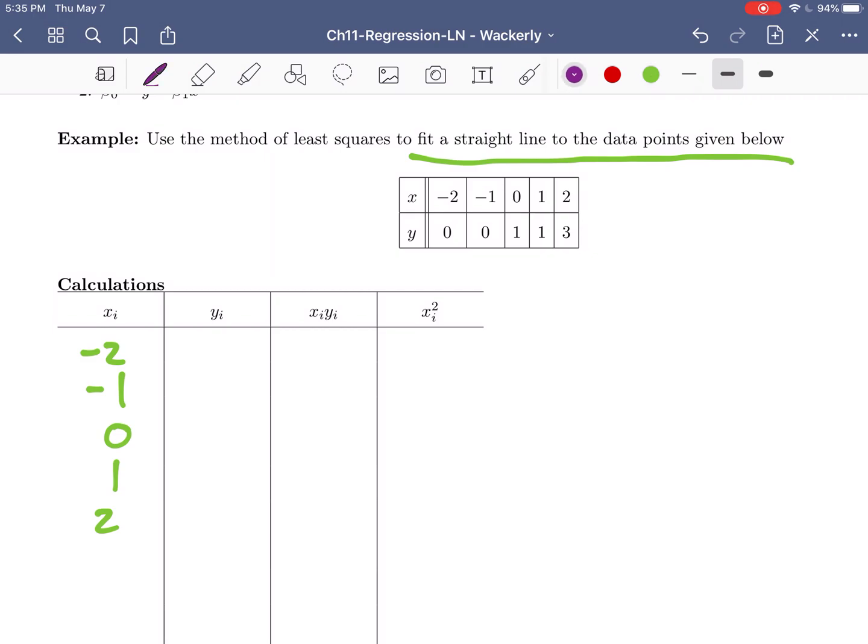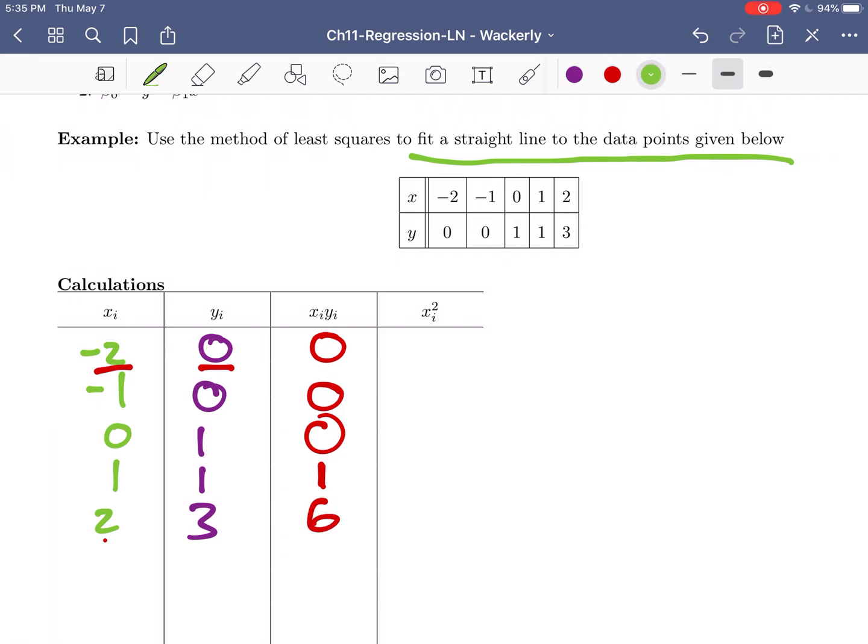For the y values, we have 0, 0, 1, 1, and 3. In this next column, we take the x value times its associated y value. So -2 times 0 is 0, -1 times 0 is 0, 0 times 1 is 0, 1 times 1 is 1, and 2 times 3 is 6.